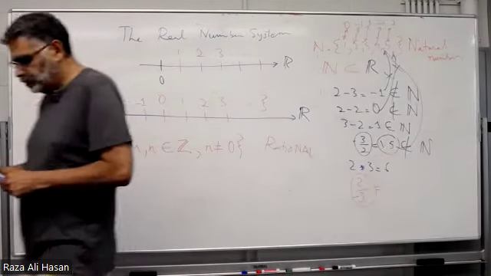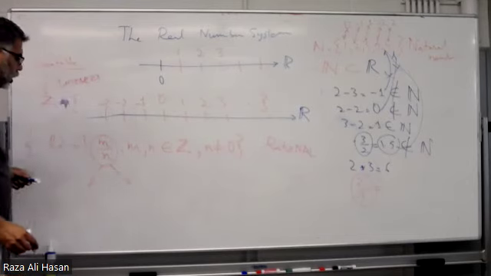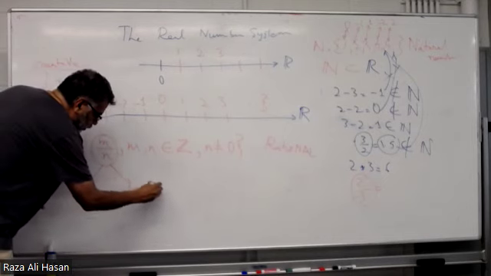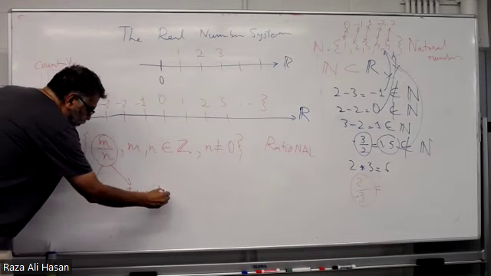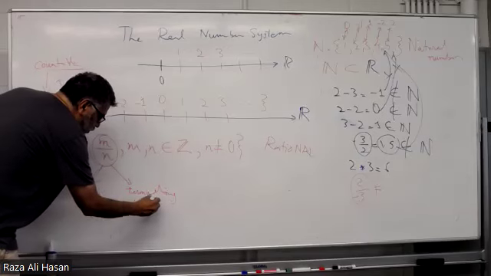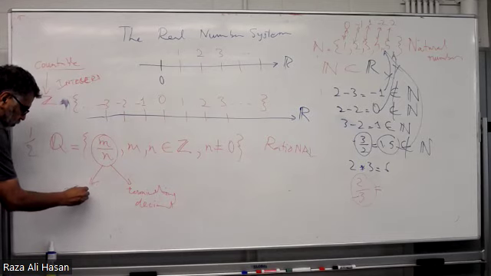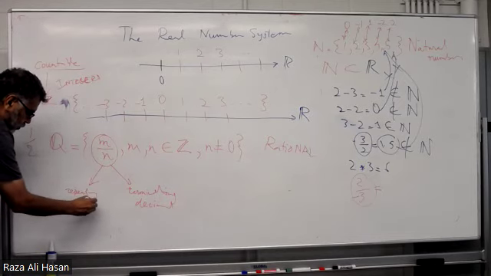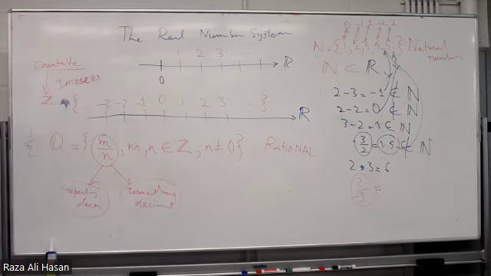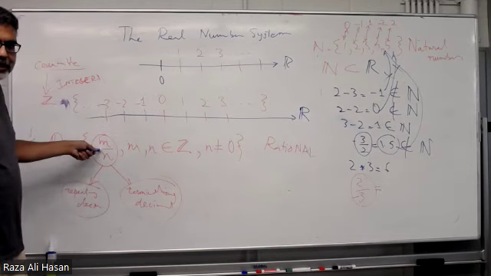Now this means it's these two things here, right? Terminating decimal. We can represent a fraction as a terminating decimal, or as a repeating decimal. These two are also considered to be rational numbers, because these are just different representations of a fraction that looks like that.